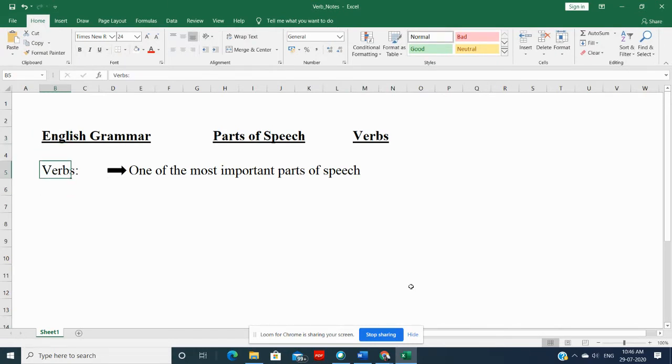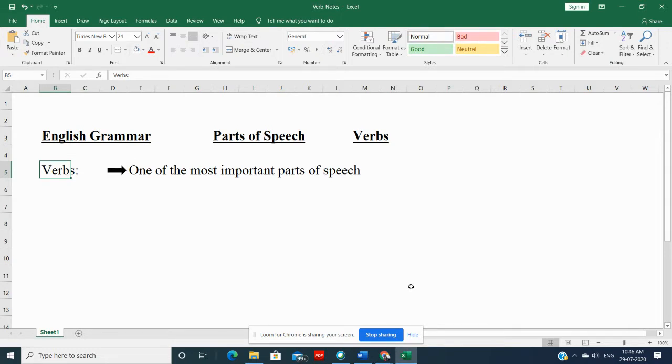See, first of all, let's talk about verbs. What exactly are verbs? They are so important. They are one of the most important parts of speech that we have, like noun, pronoun, verb, adverb, and so on.